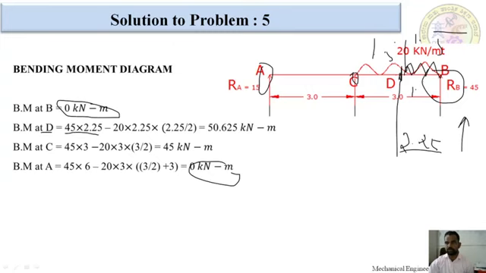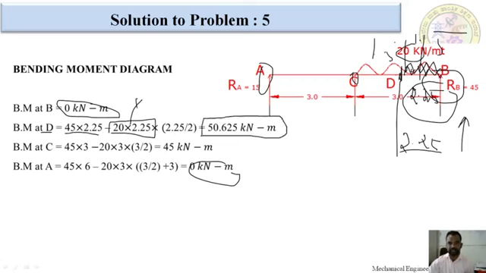This is 2.25. This is the load, 2.25. This also has the same magnitude: 20 into 2.25 is the conversion of UDL into point load. Then half of the distance, 2.25 divided by 2. This is the maximum bending moment happening at D point.